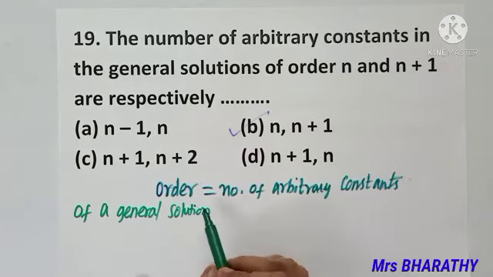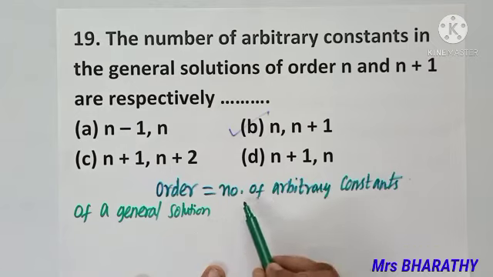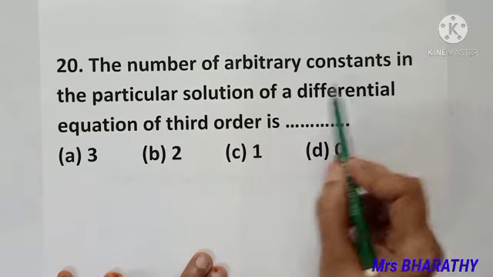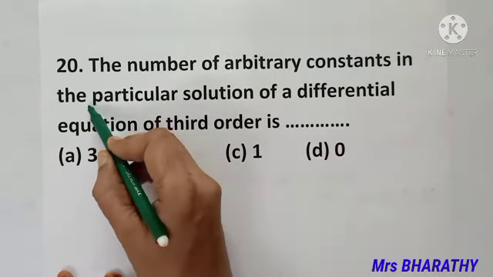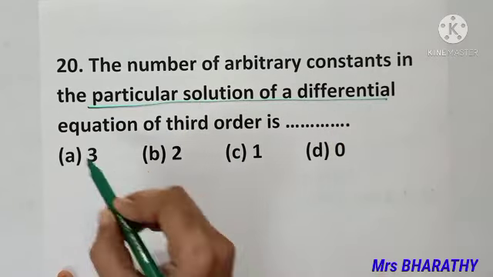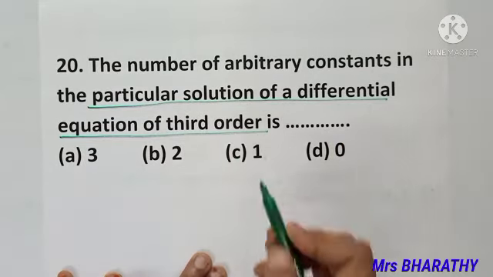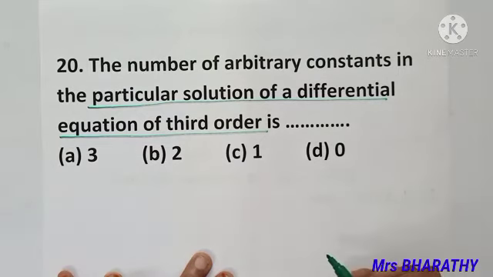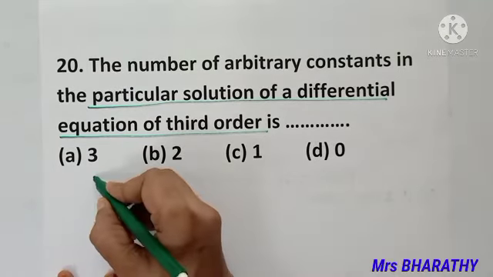So let us recall a great concept: the order of a general solution will be the number of arbitrary constants. Question number 20. The number of arbitrary constants in the particular solution of a differential equation of third order. Whenever we are given a particular solution, let us remember the concept.